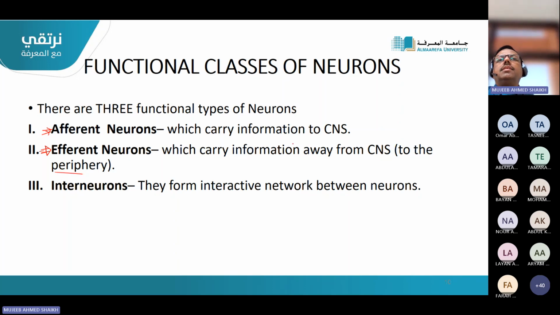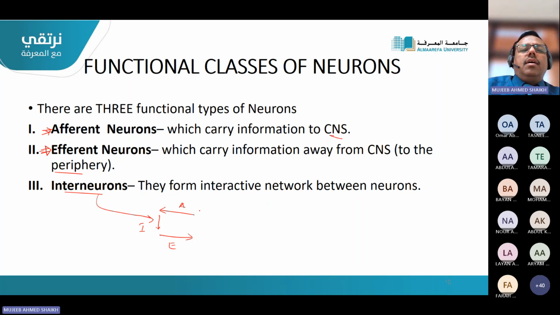Afferent is towards the center, and efferent is exiting or taking the information to the peripheral system. In between them, some information is coming in, some information is going out, but there should be some connection in between, which is nothing but the interneuron.